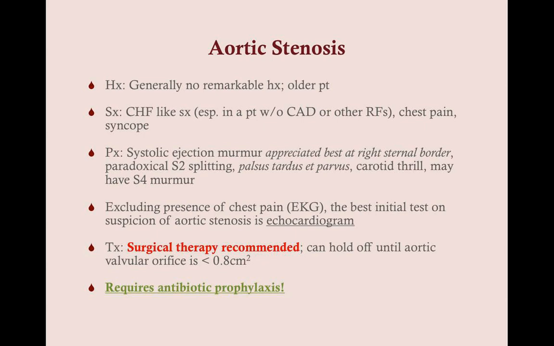You may have an S4, and that's simply due to the fact that you're getting some hypertrophic cardiomyopathy here. Because the aortic valve is stenosed, obviously the left ventricle is going to have to pump harder against that gradient, and so you can get some hypertrophy of the left ventricle, and that will cause an S4, which, remember, is just your blood bumping up against a hypertrophied myocardium in the left ventricle.